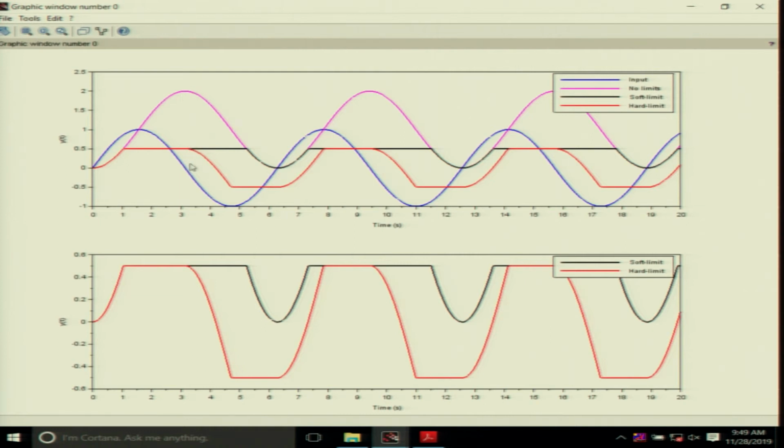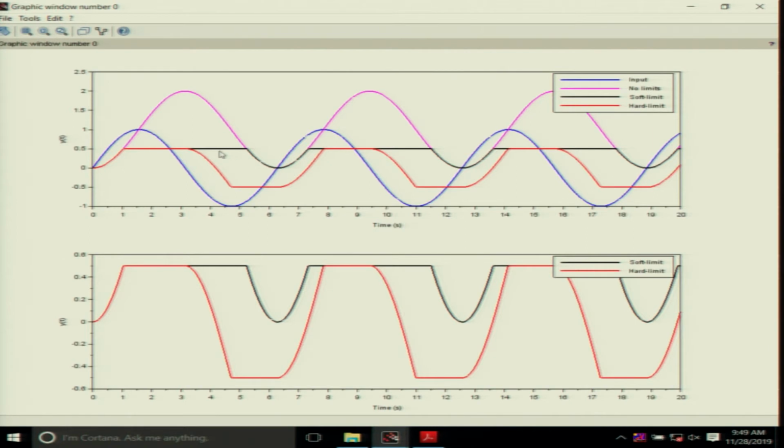So, a hard limiter makes a lot of sense in case you have an integrator. Otherwise, even though no action is being taken because the output is being clipped, the integration is continuing. If you allow the integration to continue, it takes a much longer time to come out of the limits again.